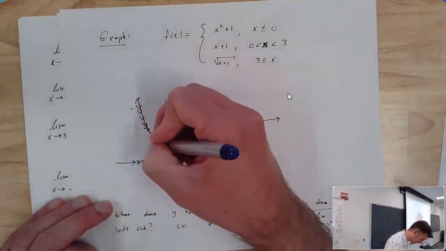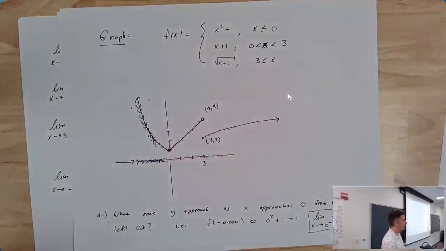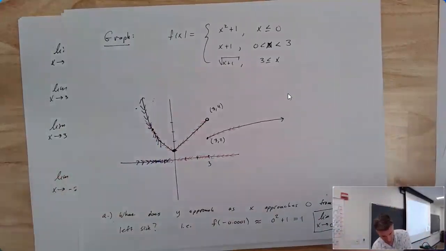My graph might not look like it's 5. So if the left and the right-hand side of the function are the same about the point you're looking at, you don't have to do a left and a right. Okay, so more examples.